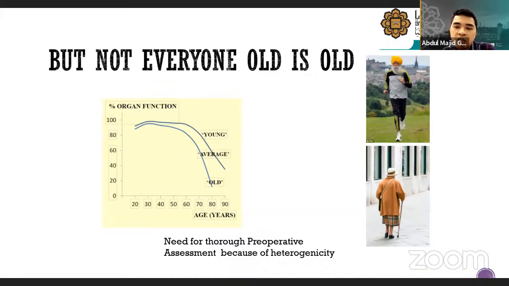As you can see in the picture, some elderly can be very fit, and their organs work like a young person's, but some of the elderly population can be very frail, with no or minimum functional reserve, so that anything that happens to him or her can result in fatal damage. That's why we need a thorough pre-operative assessment, because of the heterogeneity in the elderly population.